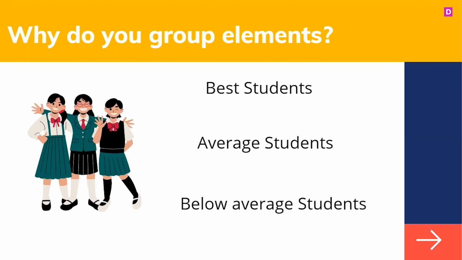You generally do this grouping to identify the set of students who fall into the category of average students, and then to do a comparison between the best students and the average students. The whole idea is that you put a few elements together so that they can be compared with other elements in the whole lot.